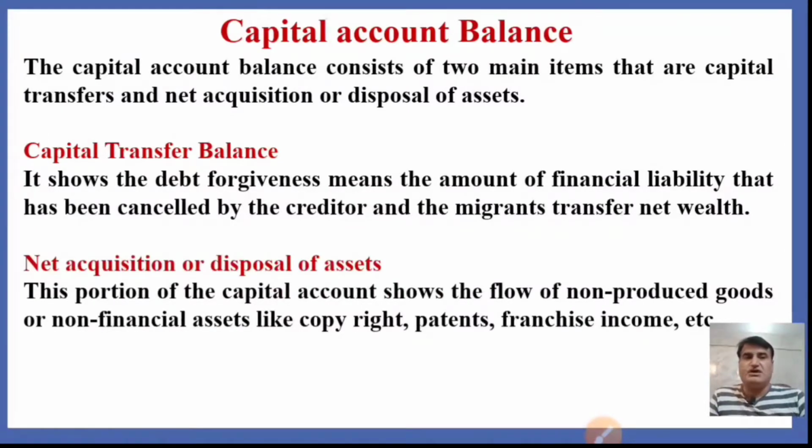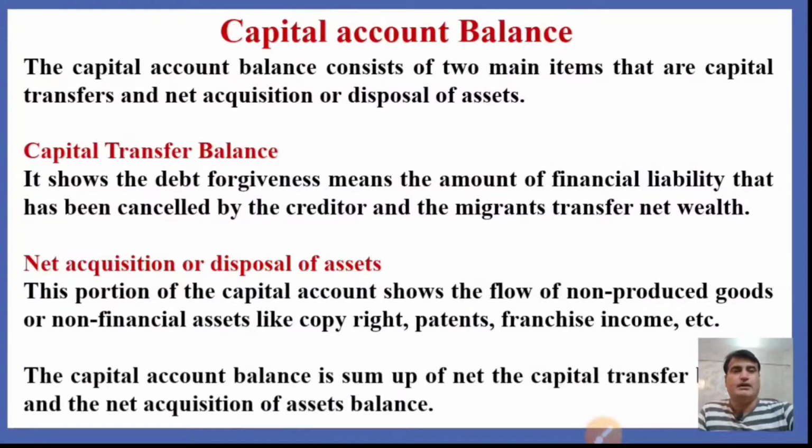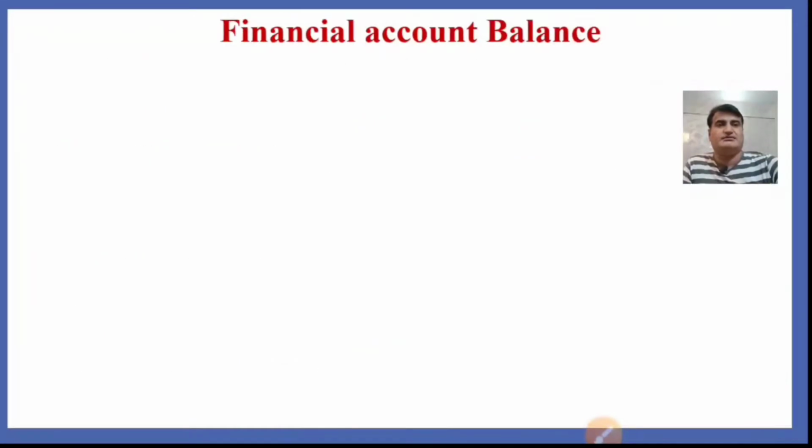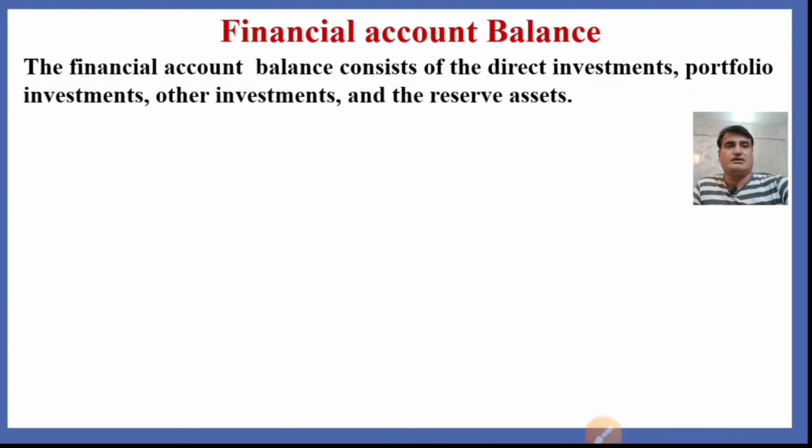Net acquisition or disposal of assets shows the flow of non-produced, non-financial assets like copyright, patents, franchise income, etc. The capital account balance is the sum of the net capital transfer balance and the net acquisition of the asset balance. The other major account of the balance of payment is the financial account.